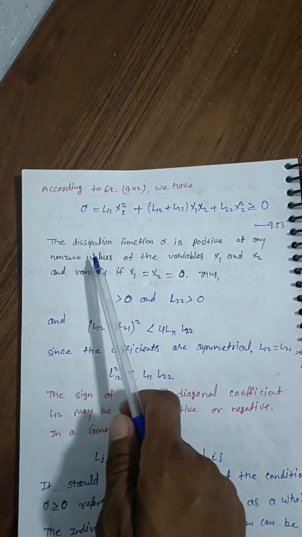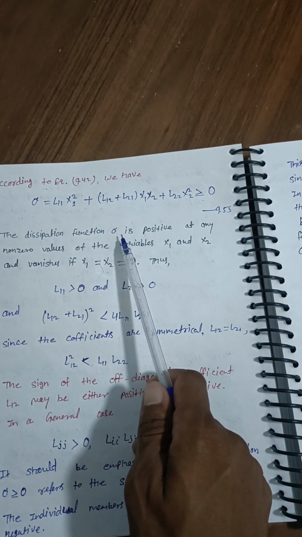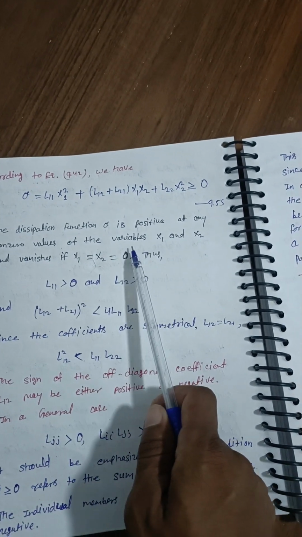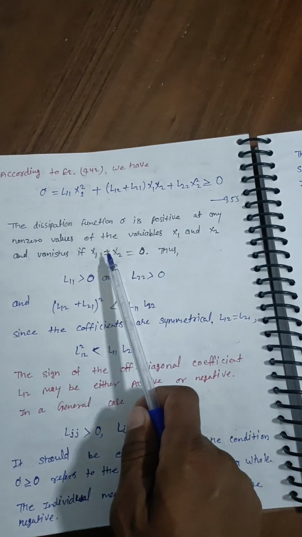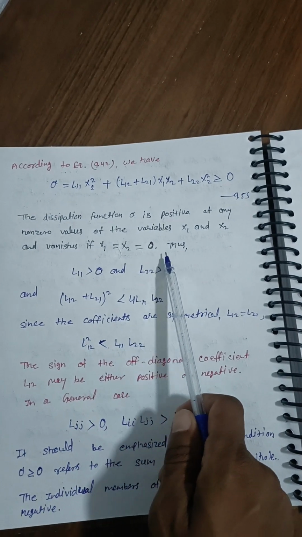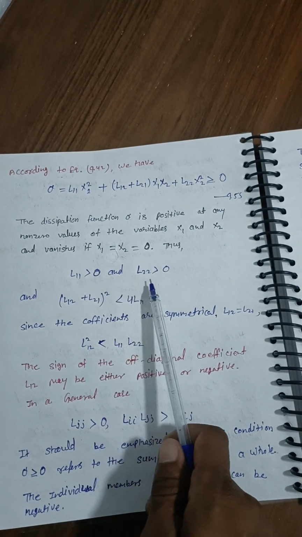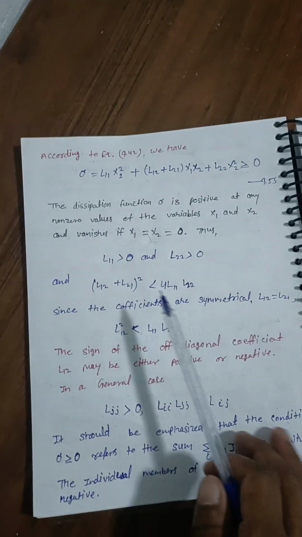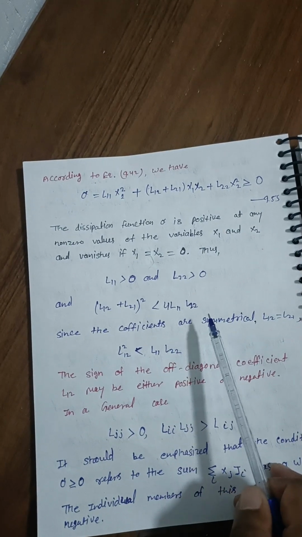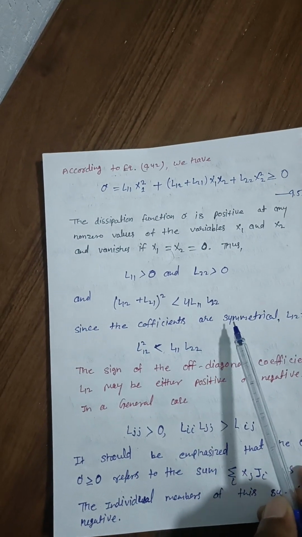The dissipation function sigma dash is positive at any non-zero values of the variables X1 and X2. One finds that thus L11 is more than 0 and L22 is more than 0, and (L12 + L21)^2 is less than 4 L11 L22.